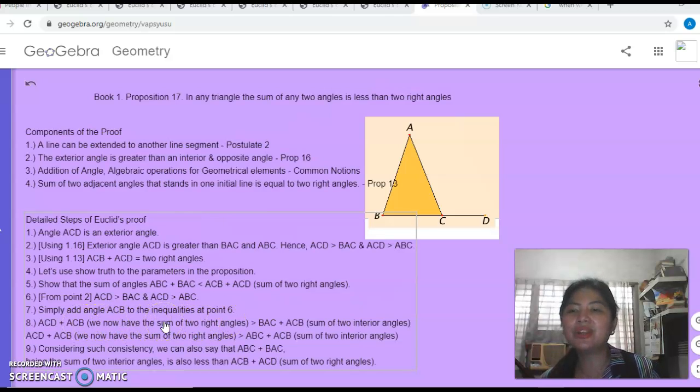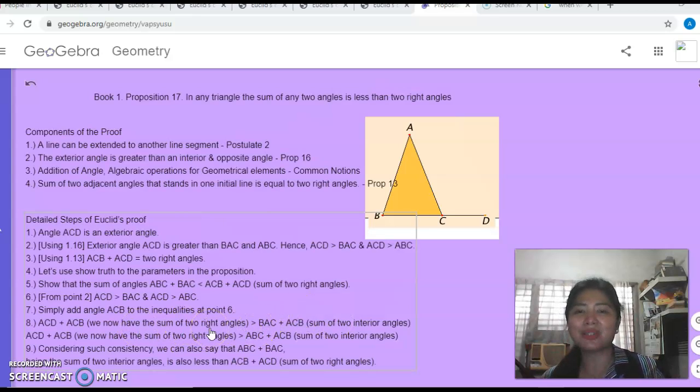On the other side of the inequality, BAC plus ACB, this expression is telling us that we have the sum of two interior angles, right? Now we have this new inequality which shows that the sum of two interior angles is indeed less than the sum of two right angles.